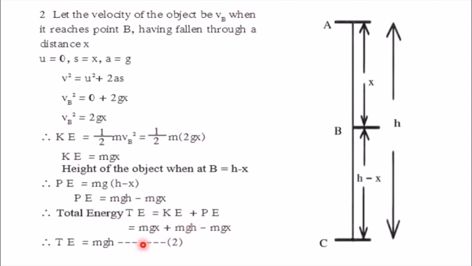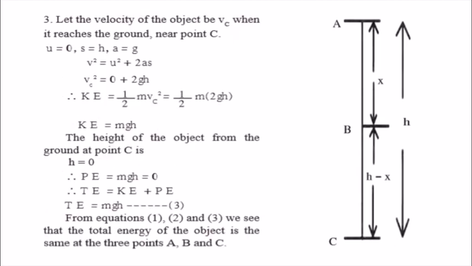So the total energy at point B is mgh. Earlier we found that when the object was at A, the total energy was mgh. So at A and at B, the total energy is the same.